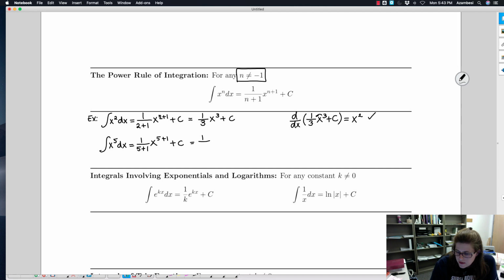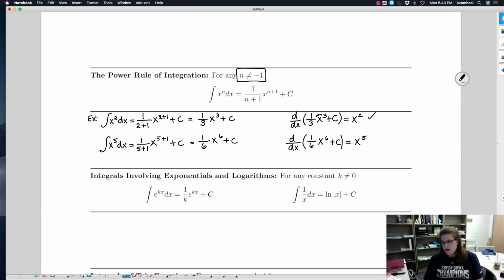So 1/6 x to the 6th plus c. Taking the derivative of that, six times 1/6 gives me 1, so I end up with x to the 5th, and my constant drops off. So that is correct.